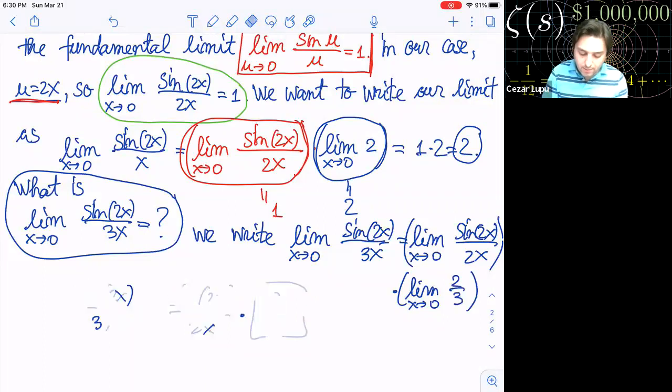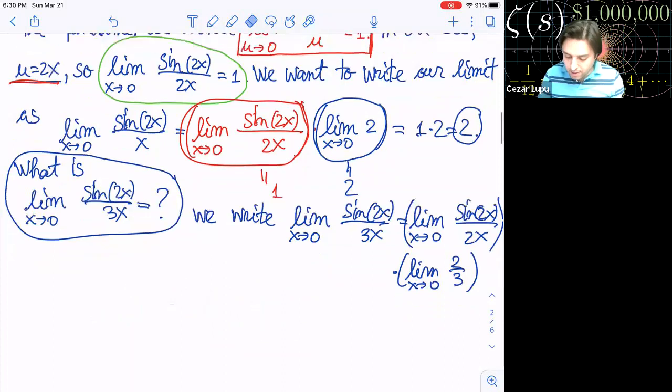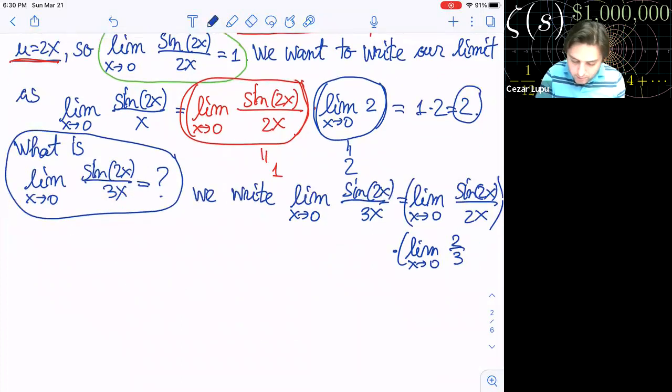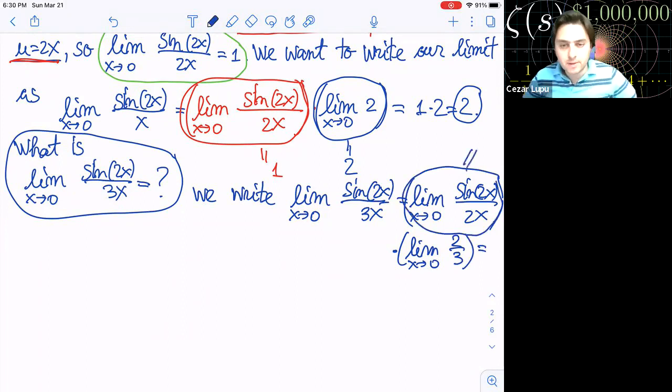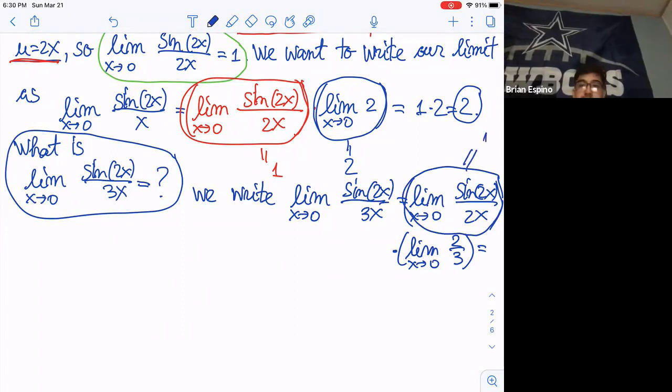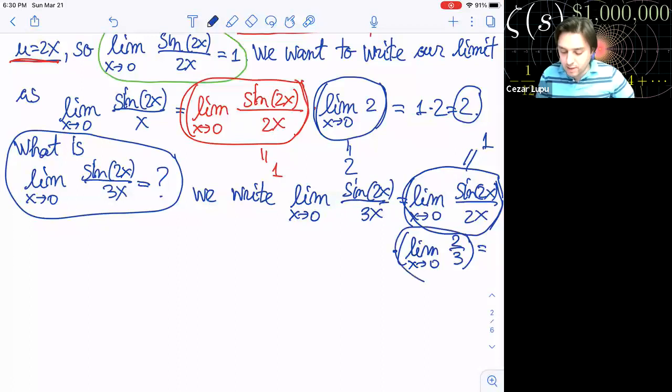Okay, so if we have this, then the limit will be what? This guy here will converge to what? The limit as x approaches 0 of sine of 2x over 2x is 1, correct, yes. And the limit of the constant will be what?